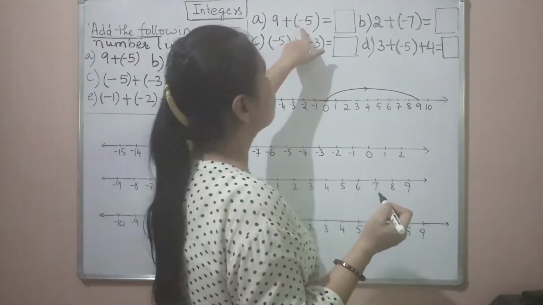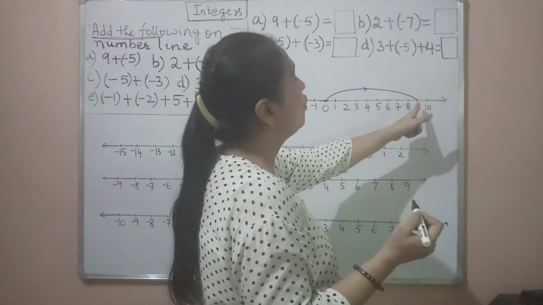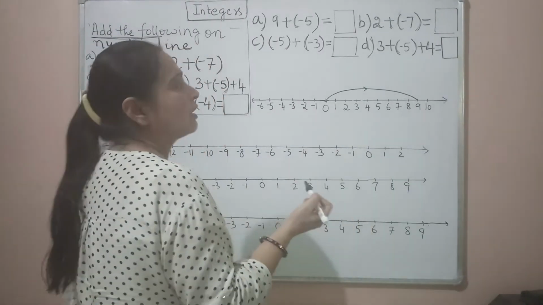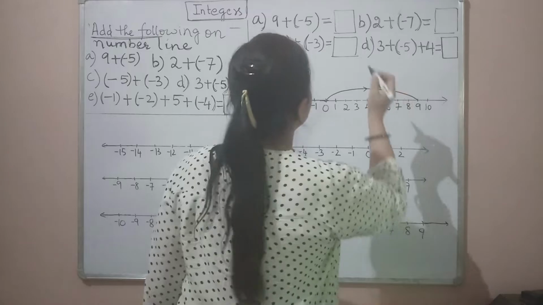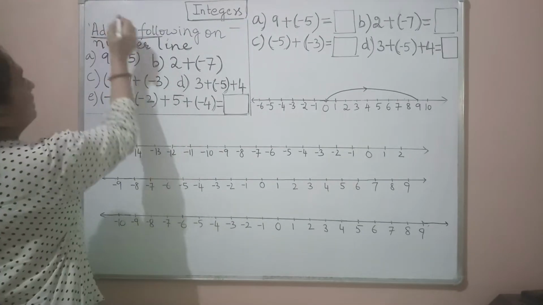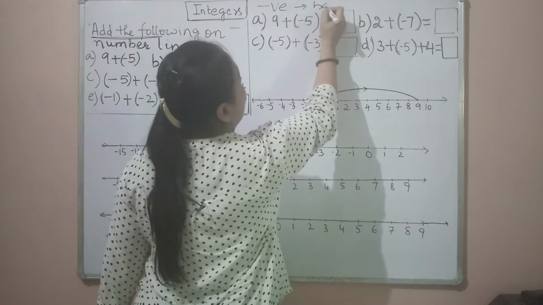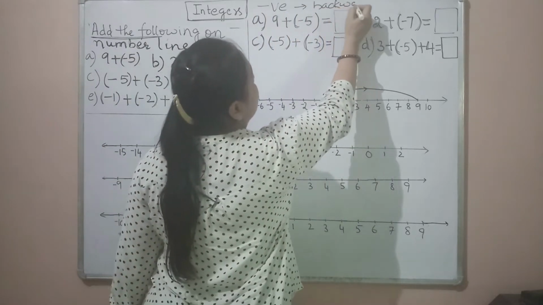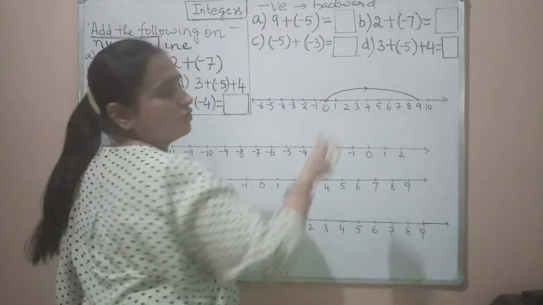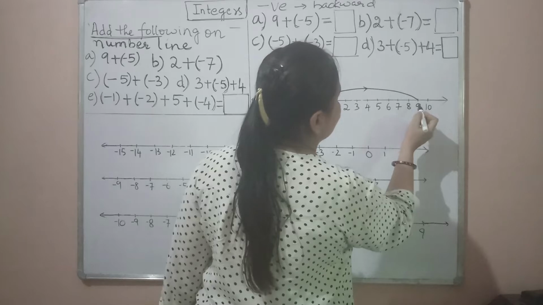Minus 5 means negative 5, so we have to go 5 steps in the backward direction. Negative means backward, and positive means just the opposite. So minus 5 means 5 steps back.